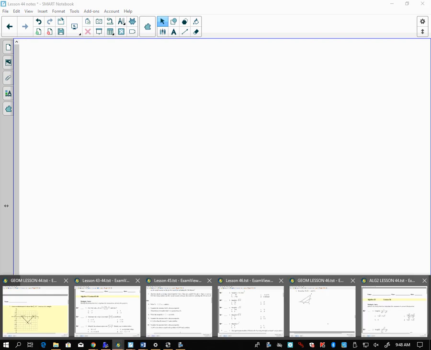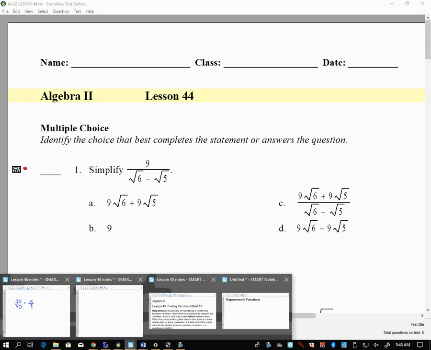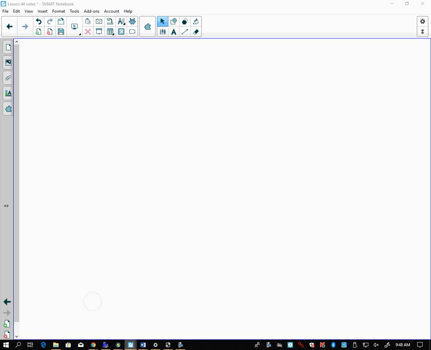All right, let's pull this out over here. I want to multiply by the conjugate of this. What is the conjugate of radical 6 minus radical 5? Radical 6 plus radical 5, very good. Because I can't write on this, I'm going to come over here.